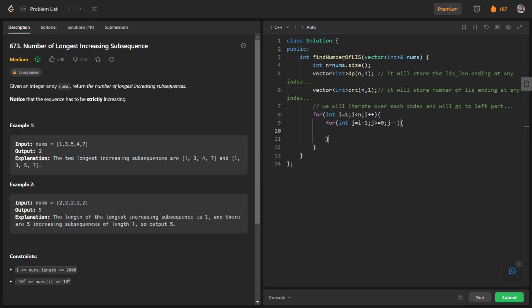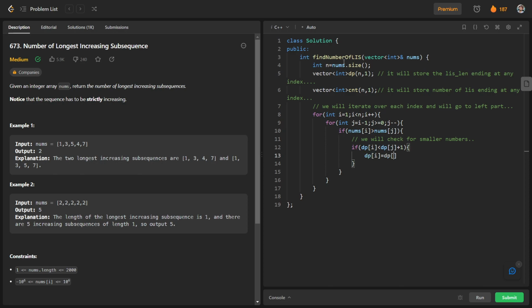If nums of i is greater than nums of j, we will check for smaller numbers. If dp of i is less than dp of j plus 1, in this case we are going to maximize this value of dp.